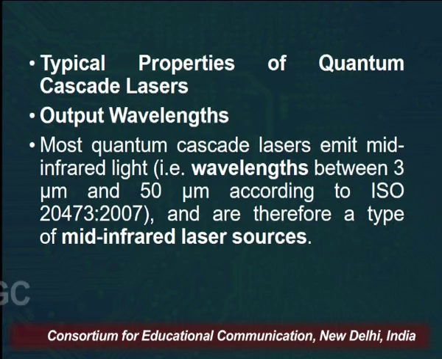Most quantum cascade lasers emit mid-infrared light, with a wavelength between 3 micrometers and 50 micrometers according to the survey, and are therefore a type of mid-infrared laser source.